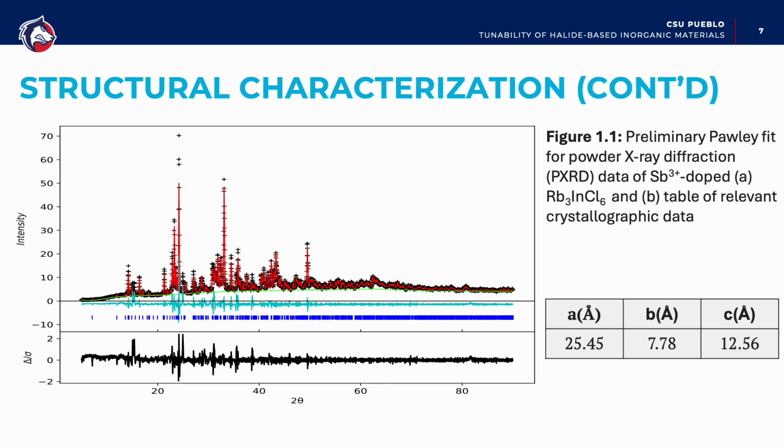And here we have the powder X-ray diffraction data and the fit for the non-hydrated rubidium indium chloride complex. For this fit, the RW was slightly higher, and this can be seen by the deviation in our red calculated data versus our black experimental data.